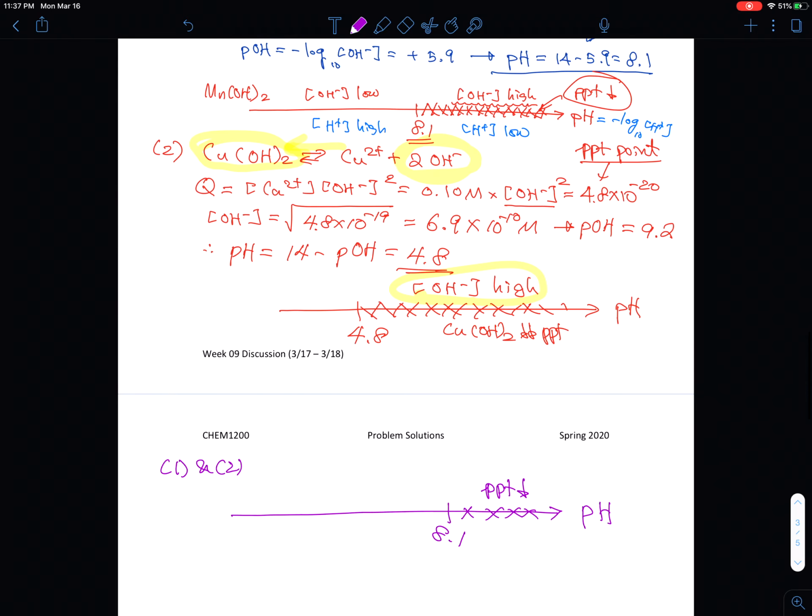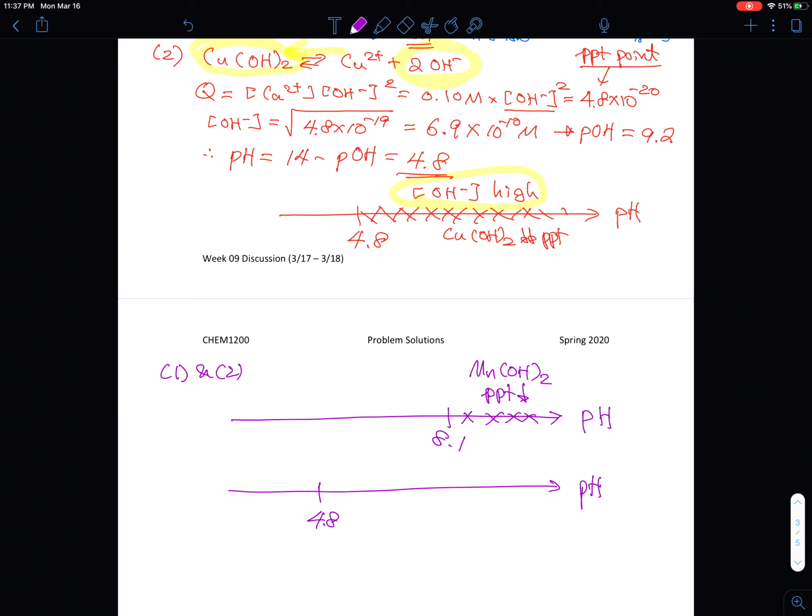On the same pH scale, at 4.8 and higher, precipitation of copper hydroxide will happen.